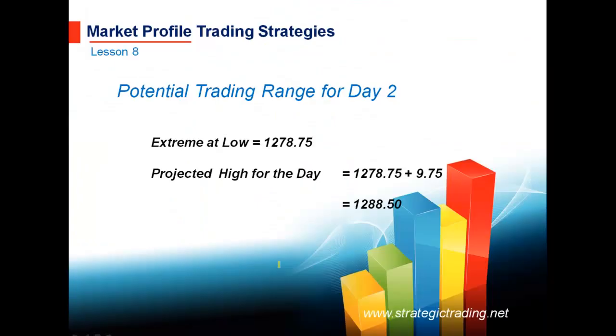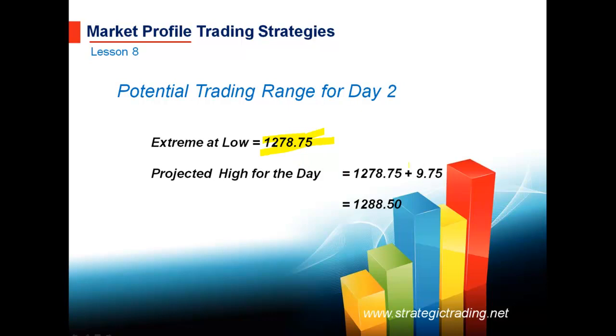All right, now, more importantly, what I want to identify is what is the potential trading range for day 2. For day 1, we were able to calculate it, and it was 9.75. Now, what is the actual potential range for day 2? Well, we begin with the extreme that we just identified, at 1278.75, which is the low that we have determined.